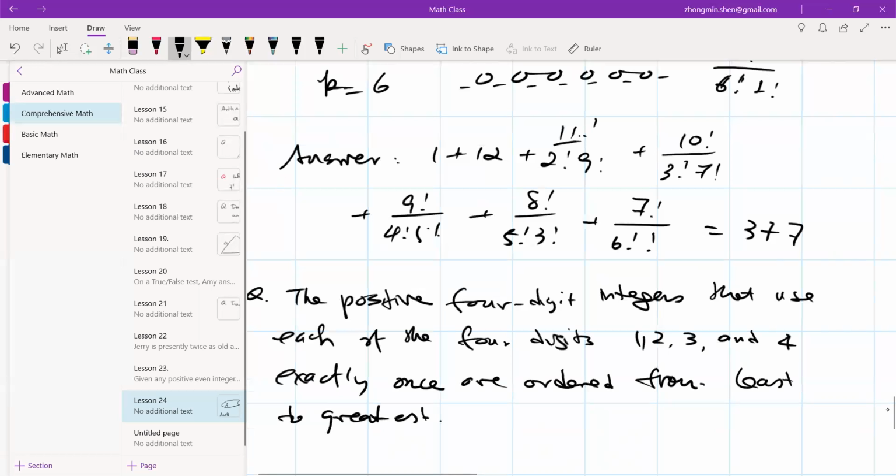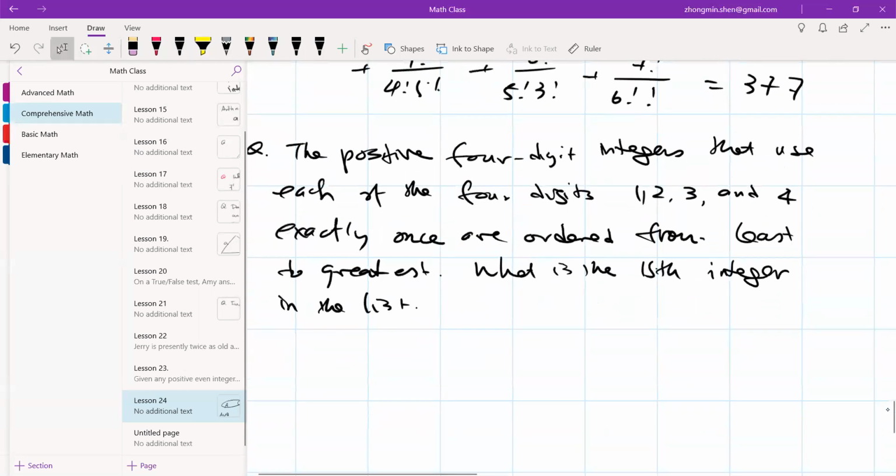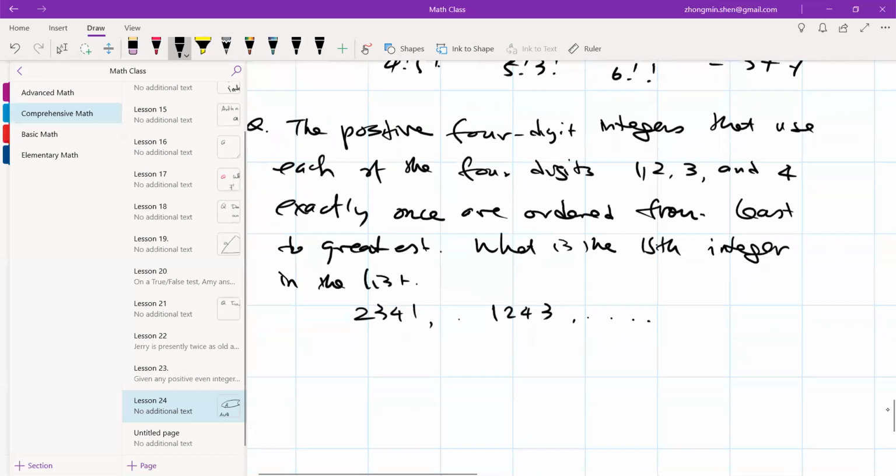I want to know what is the fifth integer in the list. So I can only write numbers like 2, 3, 4, 1, or 1, 2, 4, 3. Those are just examples.